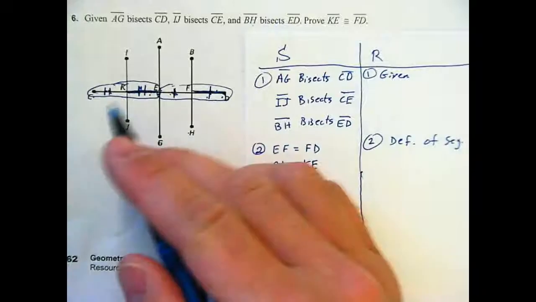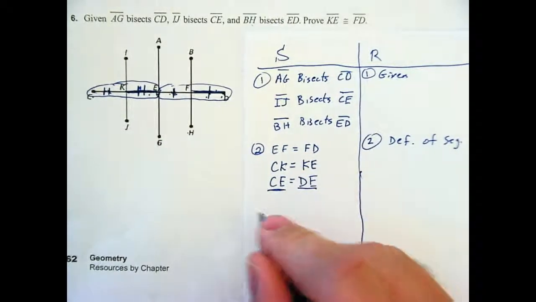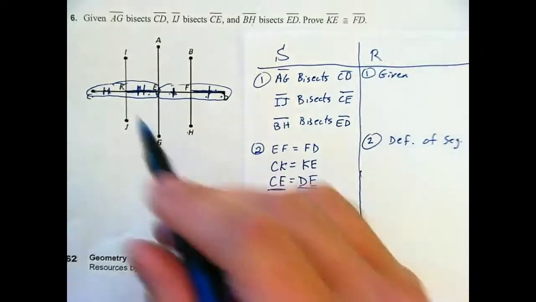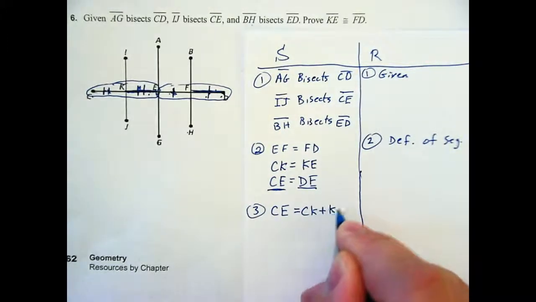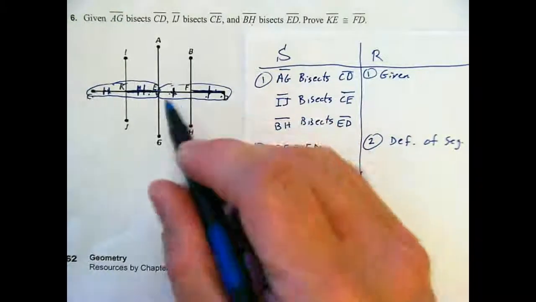Notice here's CE, here's D. If, number 3, I can say CE is made up of CK and KE. We good there?